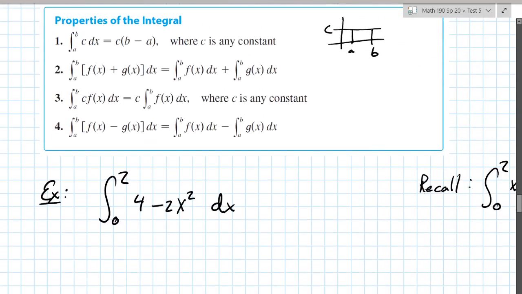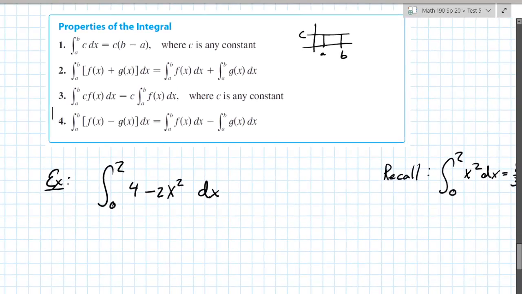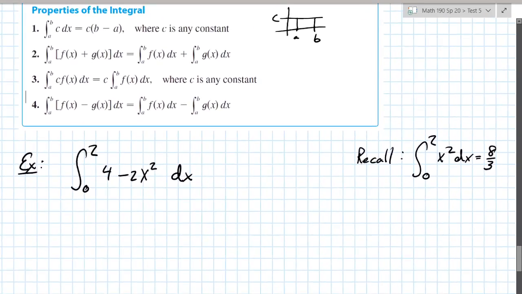So let's look at an example to use some properties to find this definite integral. We did a problem, x squared from 0 to 2, and we found it was 8/3. So that's all we know about this one. What I'm going to do is use property number 2 first, and I guess this is probably number 4.